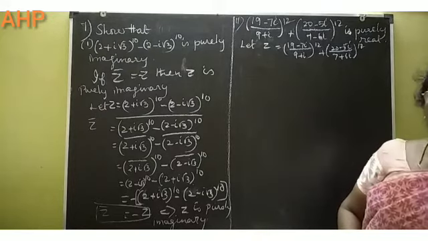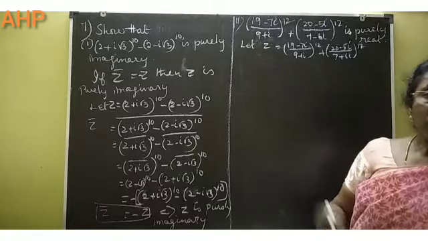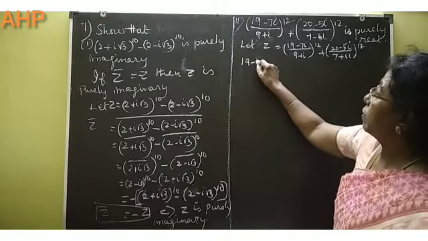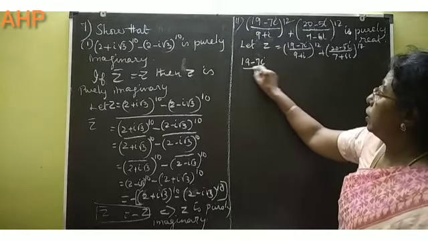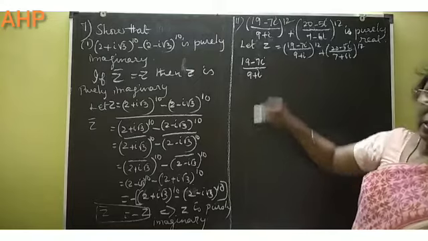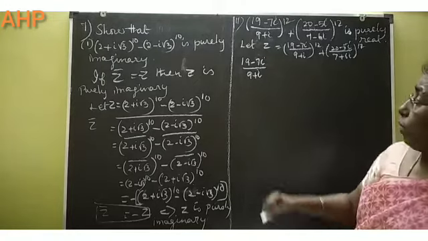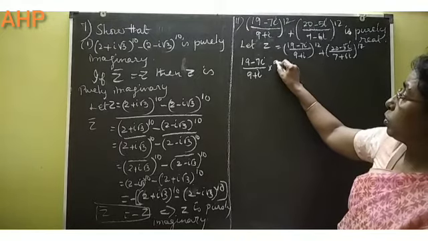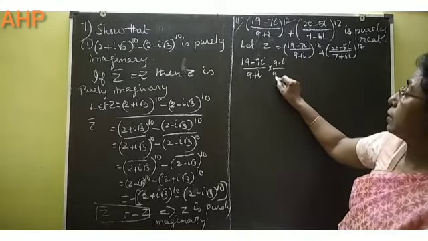Now let us try to write z in the rectangular form before starting the question. So now 19 minus 7i by 9 plus i. We are supposed to rationalize the denominator. Therefore, multiplying the numerator and denominator by its conjugate, 9 minus i by 9 minus i.